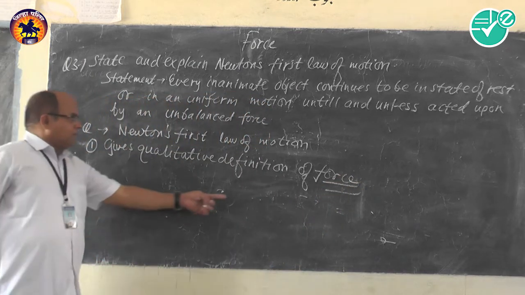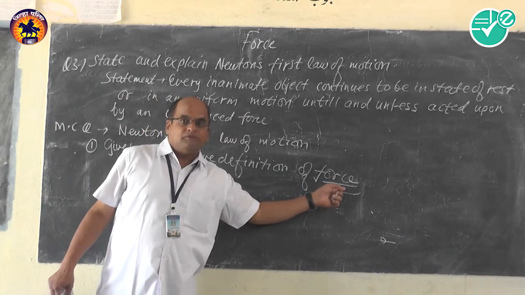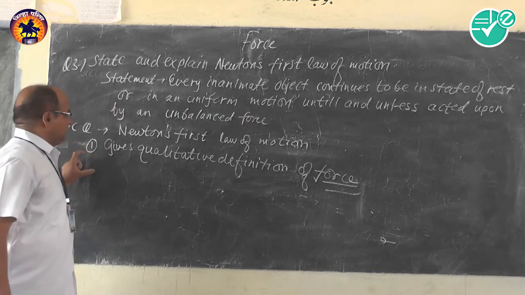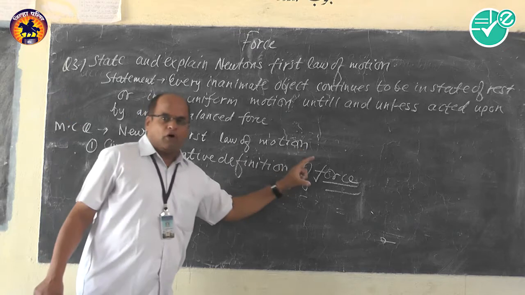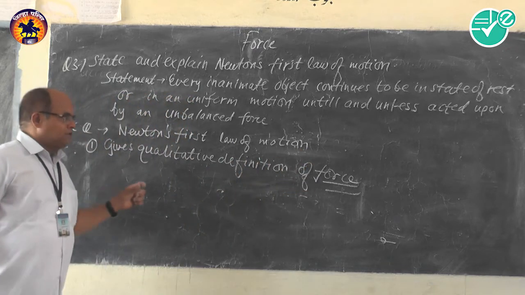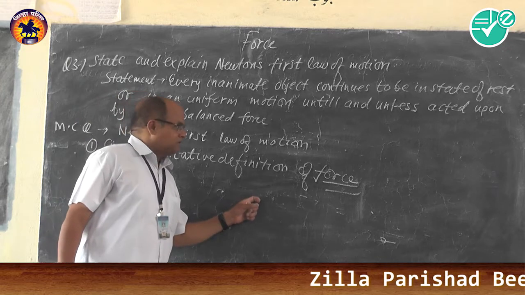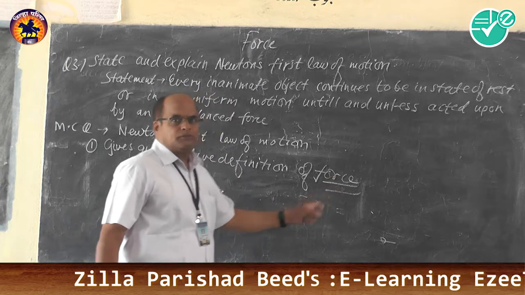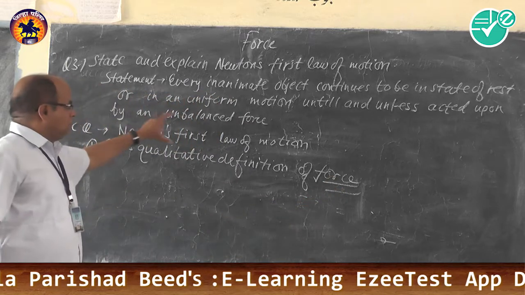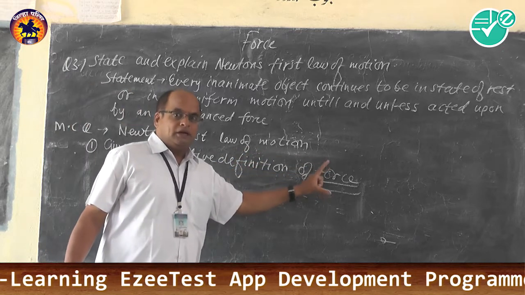The words which are underlined can be asked as MCQ. Example: Newton's first law of motion gives a qualitative definition of: A. Pressure, B. Volume, C. Acceleration, D. Force. So naturally the correct option is D. Force.